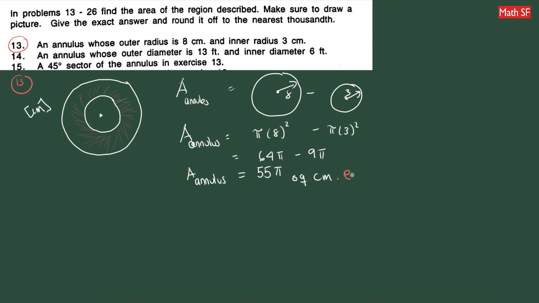So I'm going to write here, this is the exact answer, and the approximate solution I'm going to get with the calculator. 55 times pi gives us 172.787595. Rounding to the nearest thousandth, I'm going to have 172.786 square centimeters, and this is the approximated answer.